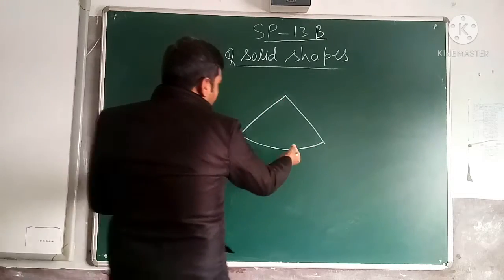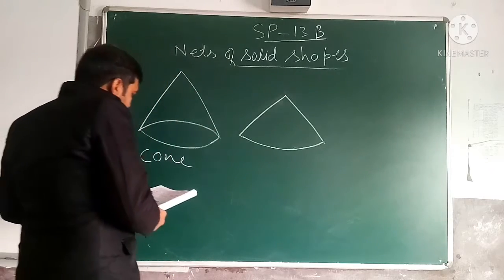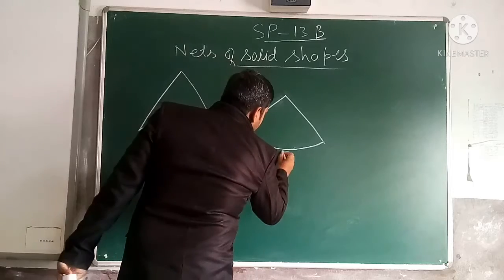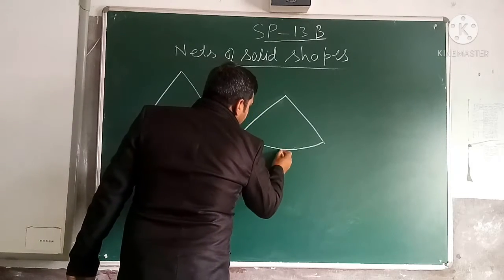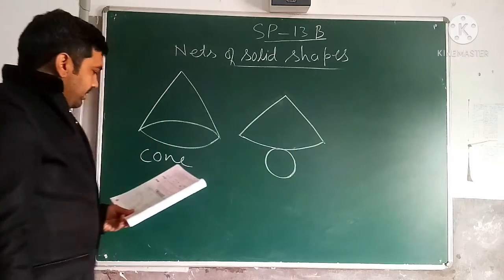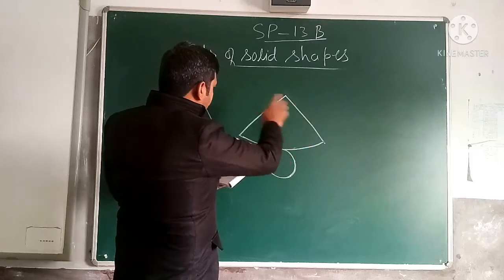When you roll it, you will get this shape, and at the bottom you will get the circle here. So you have to fold it along this one.